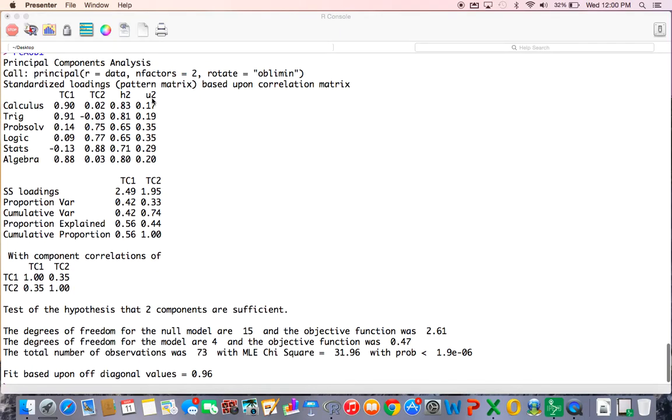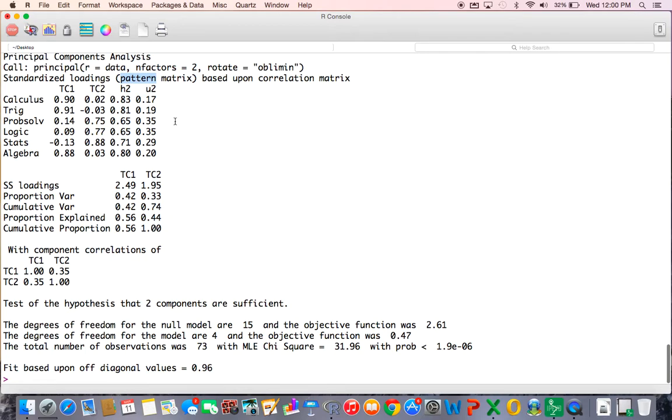Now, again, by default, the principal creates what's called your pattern matrix. So we're going to come in and look at our structure matrix and see if there's any difference.